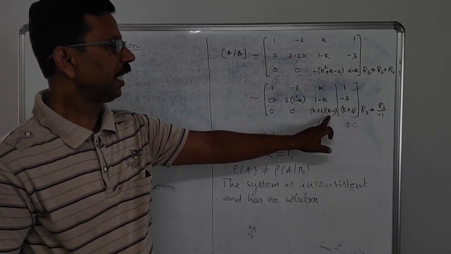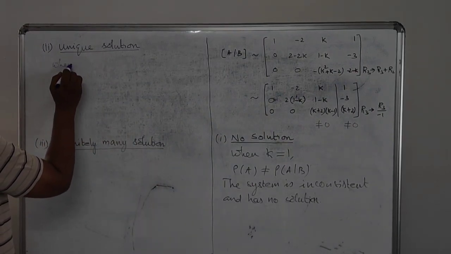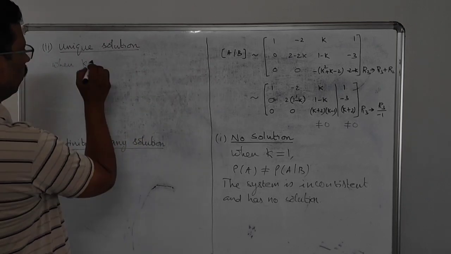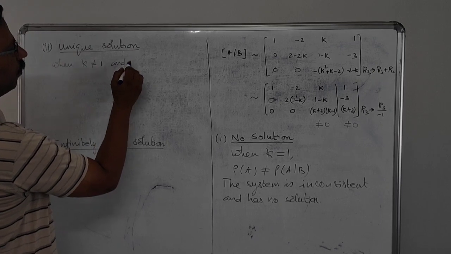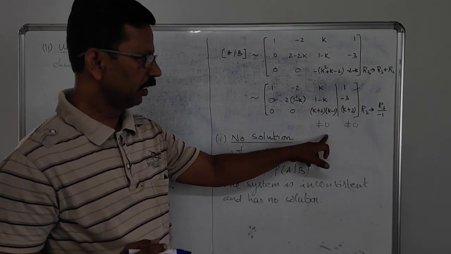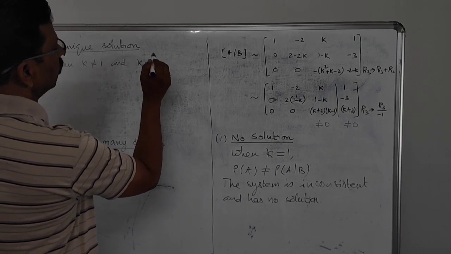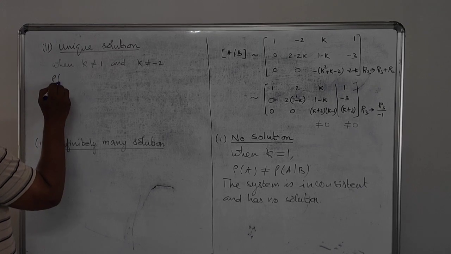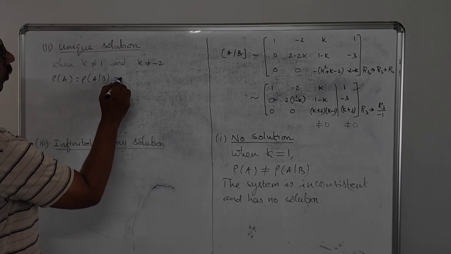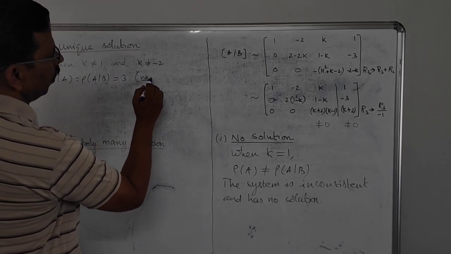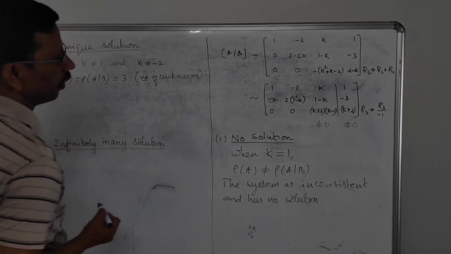So k minus 1 is not equal to 0 means k is not equal to 1, and k plus 2 is not equal to 0 means k is not equal to minus 2. Then we can say rank of A is equal to rank of AB is equal to 3, which is equal to the number of unknowns.